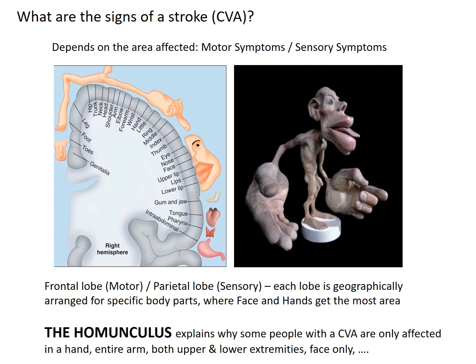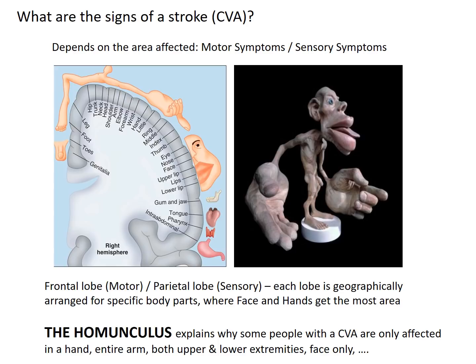We have a motor cortex and the sensory cortex. And on each of those, we have certain regions of the brain dedicated to that region of the body. And we have more region dedicated to face and hands in the motor cortex and in the sensory cortex than we have for other parts of the body.